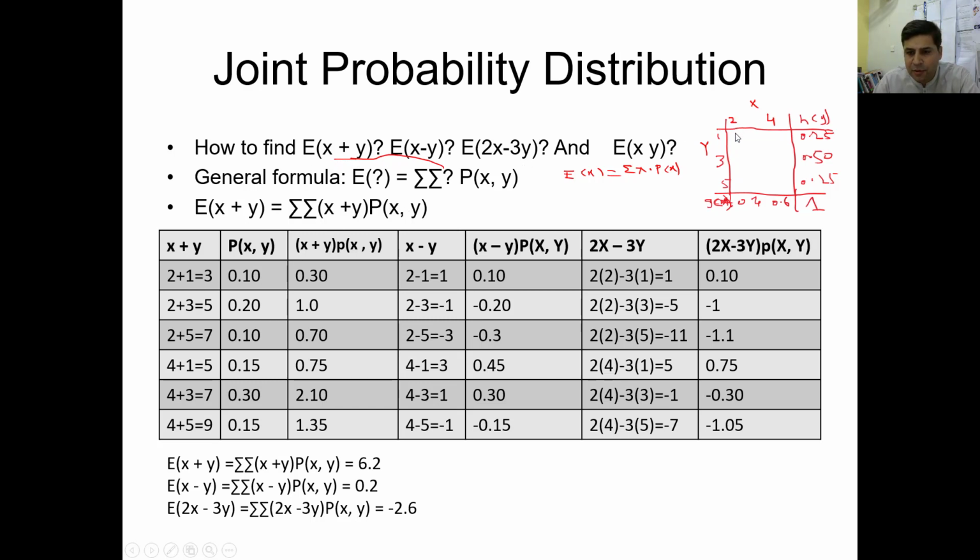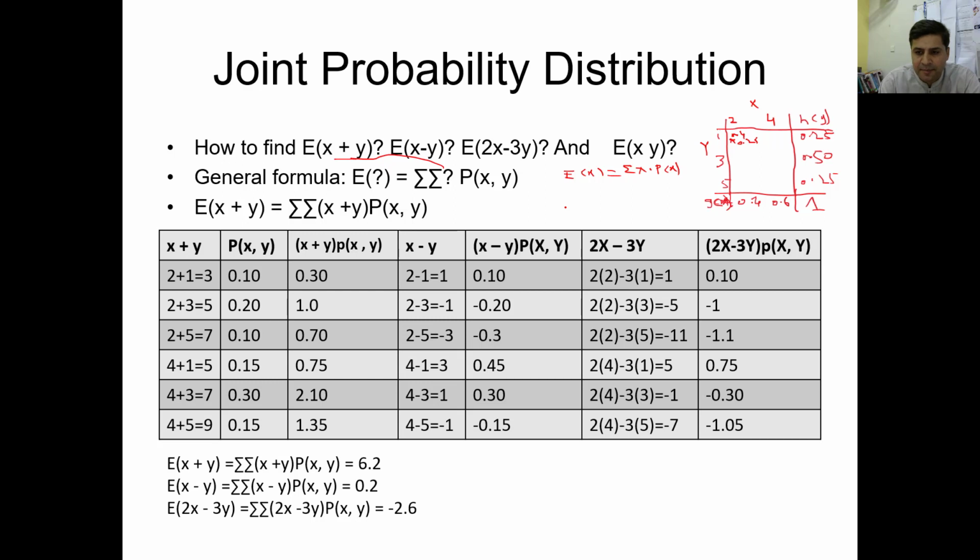So when x is equal to 2 and y is equal to 1, how will you calculate this probability? I have already discussed this in the previous slides, but you can easily calculate it. This is 0.4, into 0.25, and when you multiply it, it will be equal to 0.10.